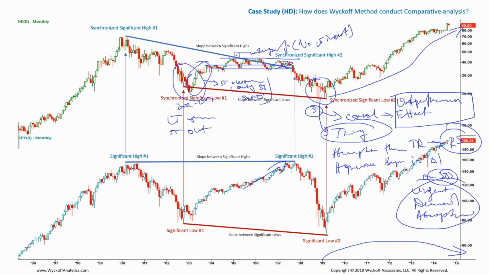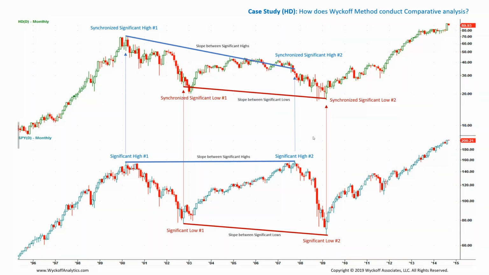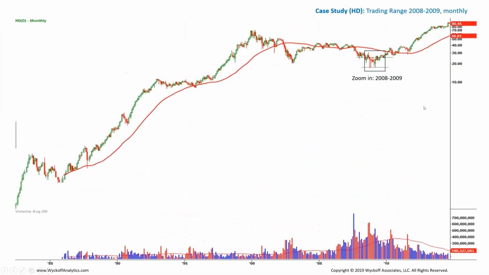And we didn't see that urgency or buying throughout the trading range in 2002, 2003, and we saw it very clearly in 2008, 2009. 2008, 2009 suggested the timing is now for a much more significant trade uptrend. Look at 2002. There was no long-term indication that this is going to be a big campaign, and it wasn't. So therefore, as price, relative performance is causal, and we could measure the effect of that causality.